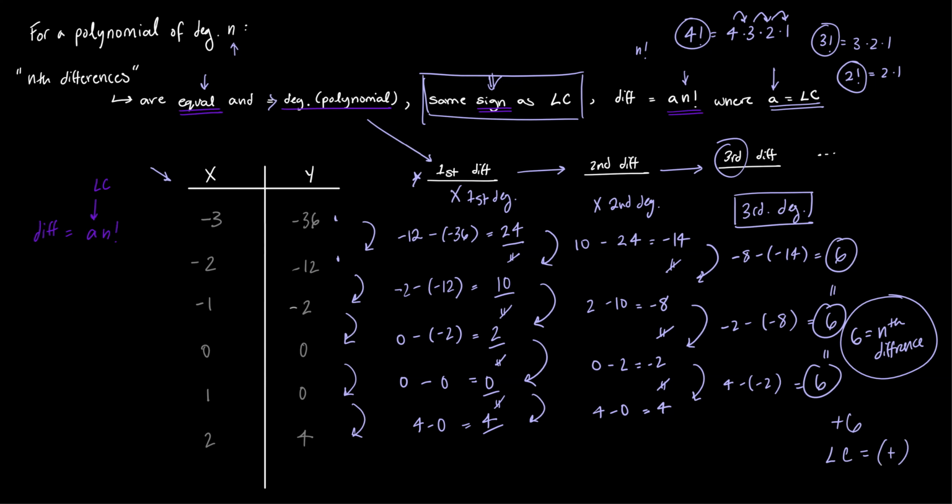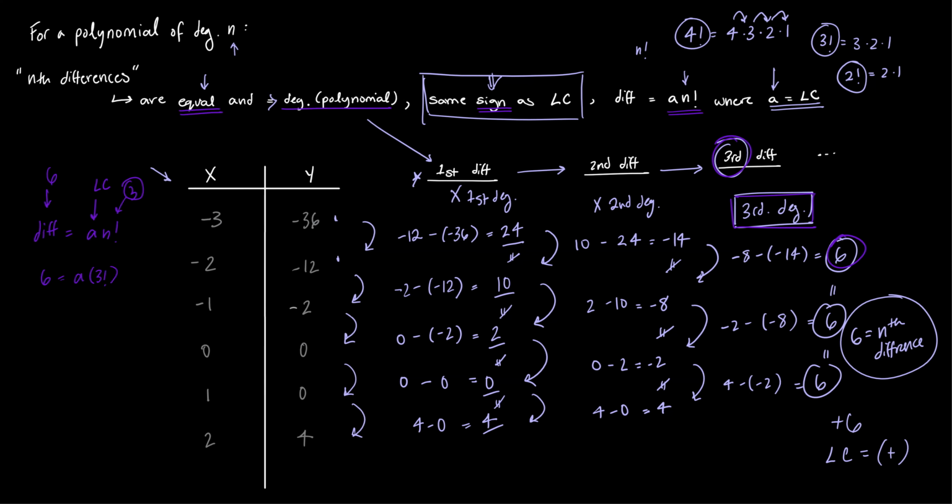So n, we have just discovered, is going to be 3. And that's because we stopped at the third difference. So our polynomial is third degree. So we know that n equals 3 in this case. And we know our nth difference is 6 based on this value here. So we can plug in what we know. We know 6 equals whatever our leading coefficient is times 3 factorial.